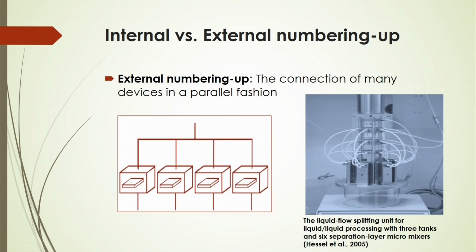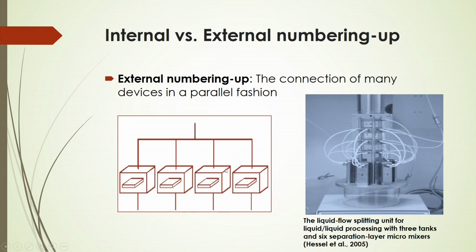But in a single reactor, more than one channel may be arrayed, whereas external means here the connection of many devices in a parallel fashion. It is shown in this figure: here one device, another device, another device. So, here typically 4 devices are arrayed, connected in a parallel fashion.